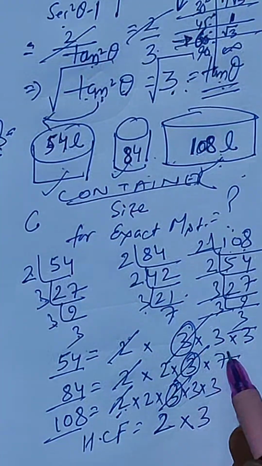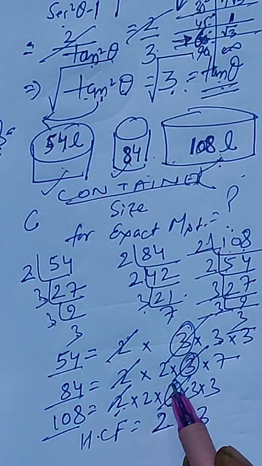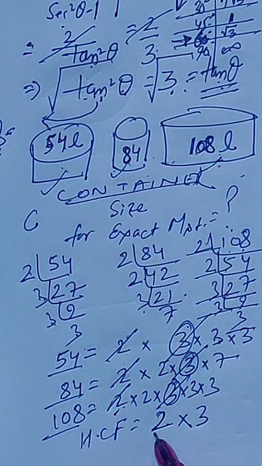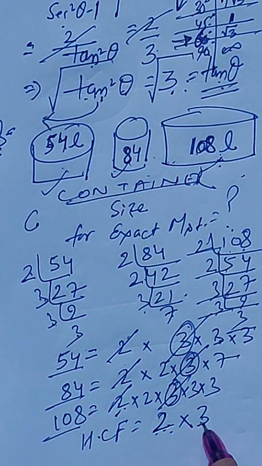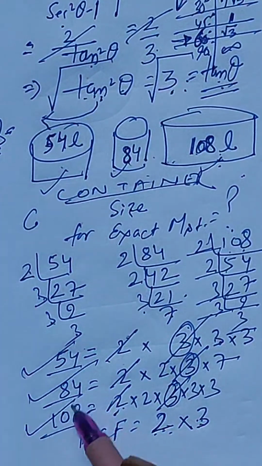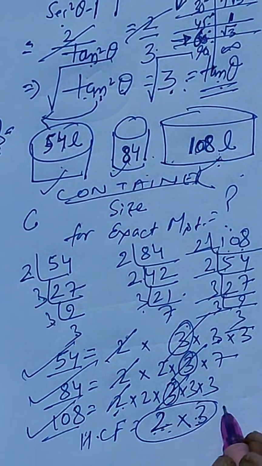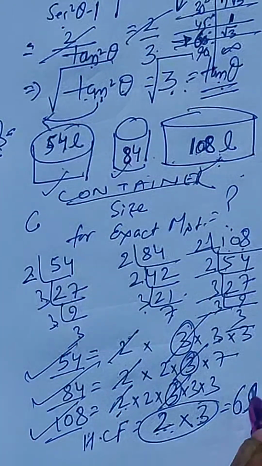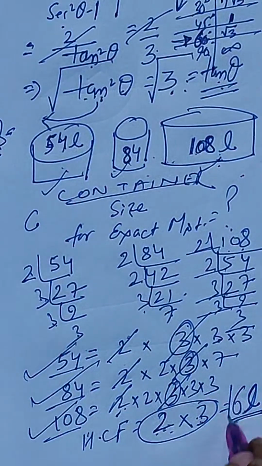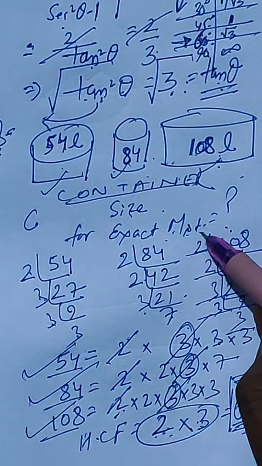Anything more common? Yes, another 3 is there, but this 3 is not coming into the factors of 84, so we will not take it. So only these two factors are common from the factors of 54, 84, and 108 liter containers. So this is 2 into 3, which is 6 liters. So 6 liters will be the size of the container which will be used for the exact measurement of these three volumes.